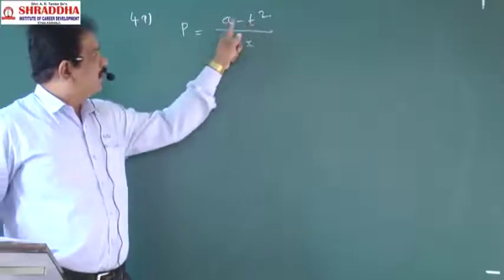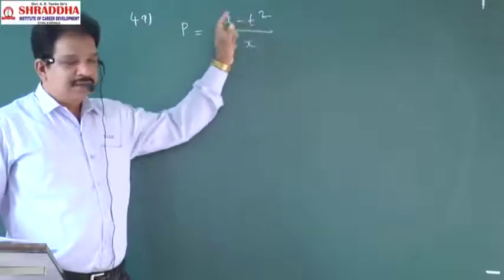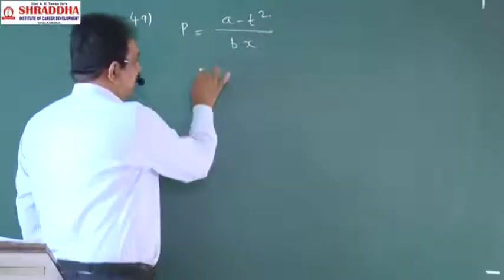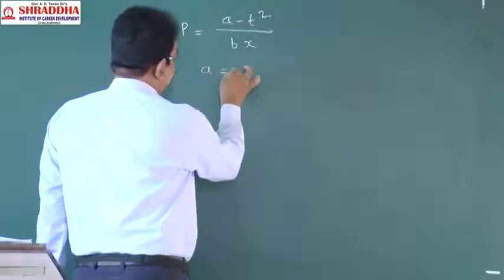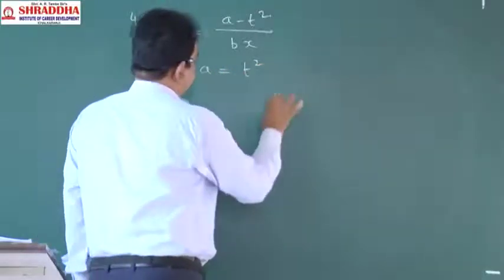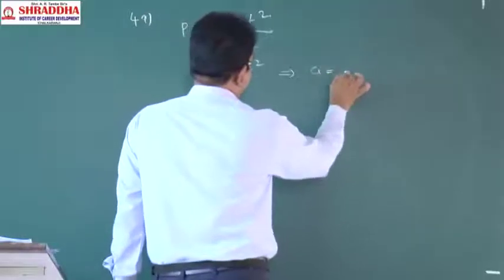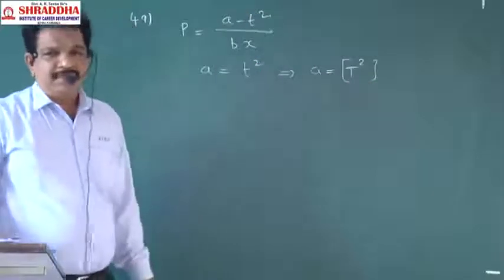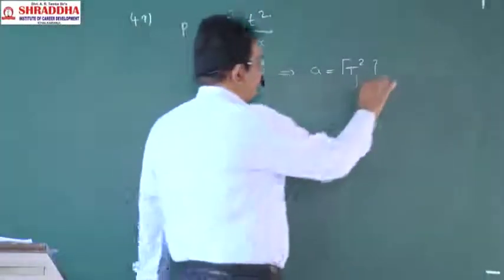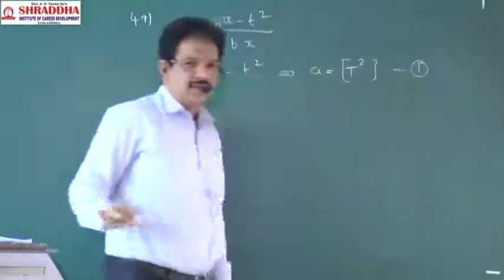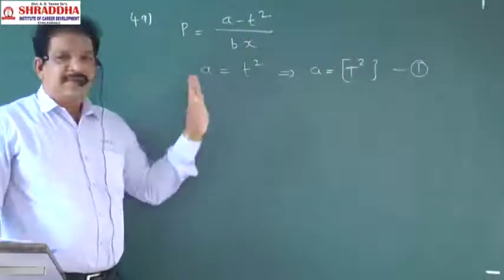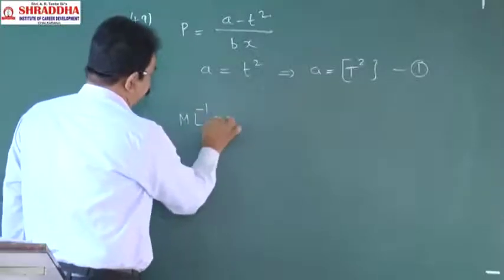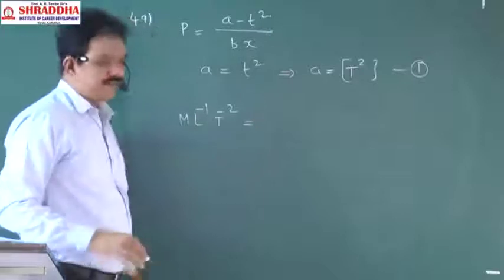We are subtracting these two now. So these two will have same dimensions. A is equal to T square. So A dimensions will be how much? T square. B dimensions we need. P, you substitute the dimension formulas. P, M L power minus 1 T power minus 2.